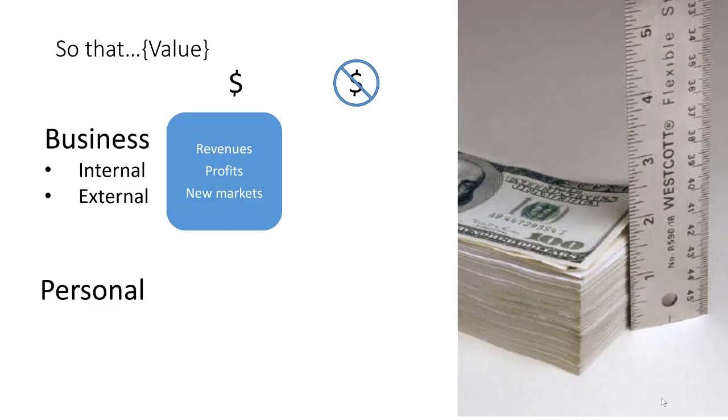There's a huge value to them because the fewer clicks between a desire and a checkout, the more checkouts you will have. Every step in that checkout process reduces the number of sales that are actually made. So that's why they put that baby in there. In case you didn't know, you probably did, but you can see the direct impact that it has on revenues, profits, opening new markets, right?